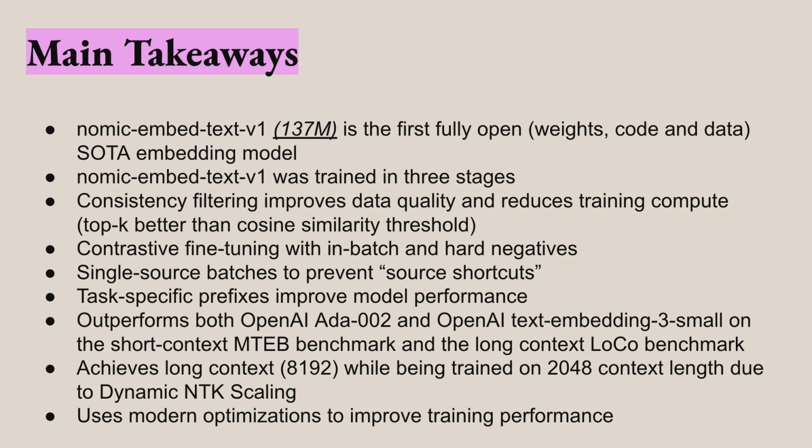Their contrastive fine-tuning uses in-batch and hard negatives, and so you introduce those in the denominator of the loss function. They use single source batches to prevent the model from hacking it with source shortcuts.